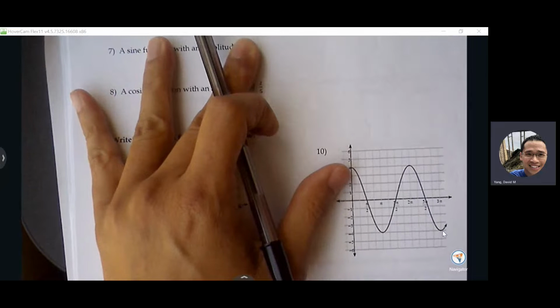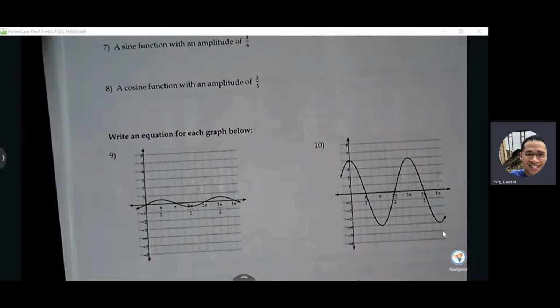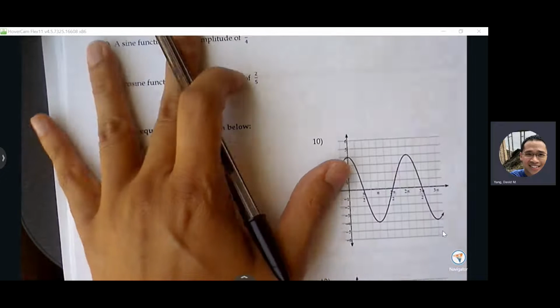Yes. You have to write the negative as well. Yes, I want you to do the negative side as well. Yeah. All right, page 7.